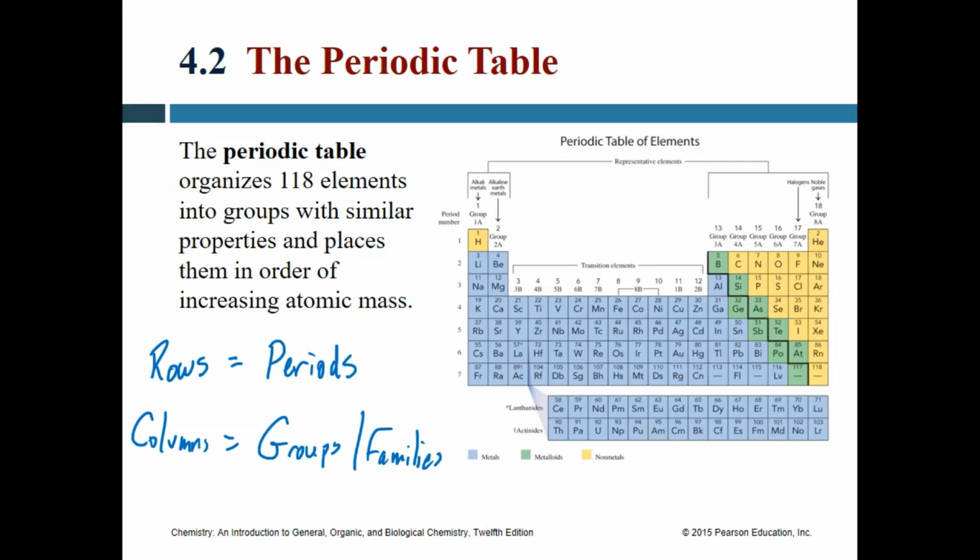But in the short and sweet, condensed version, that's exactly what it is. Each column has some things in common that define that column, and that's why we sometimes refer to them as families instead of just groups.